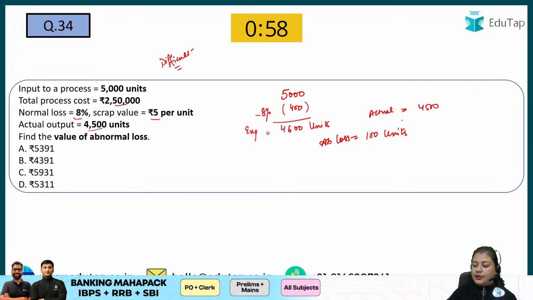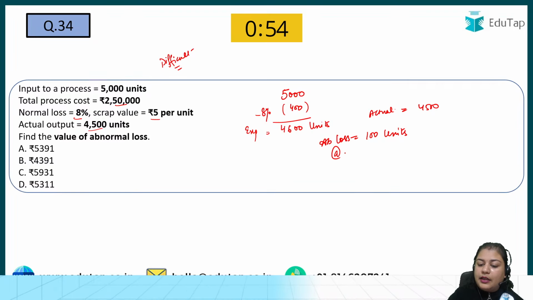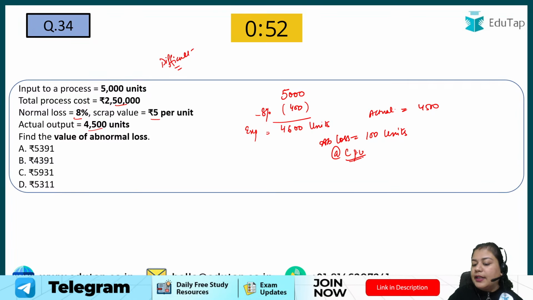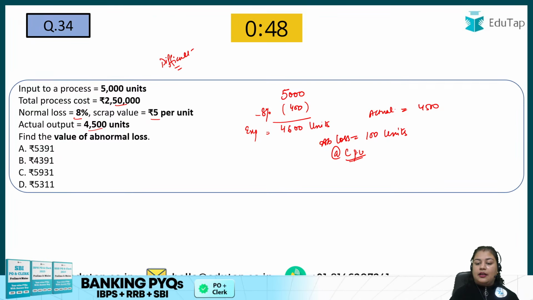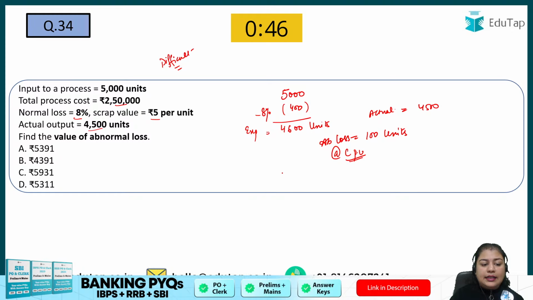Now you have to calculate its value. How will you do that? You have to do it as per the cost per unit. ये सबको पता है कि नहीं कि अब normal loss को हमने cost per unit से ही multiply करना होता है. So basically, how will you calculate the cost per unit? It will be the total cost.